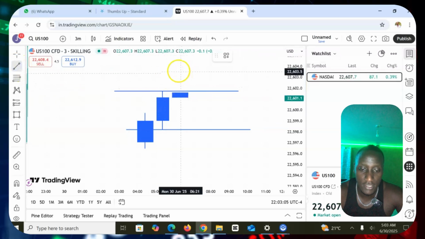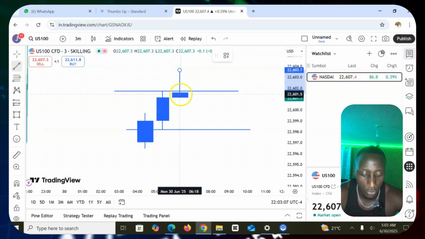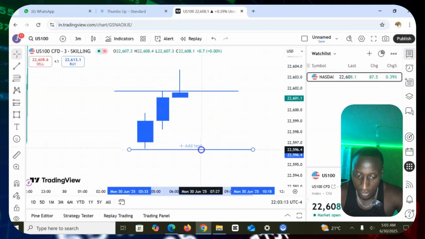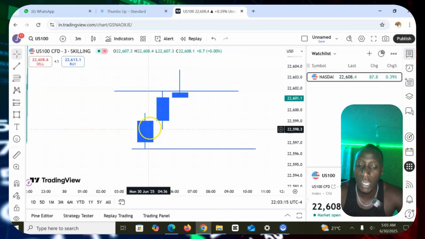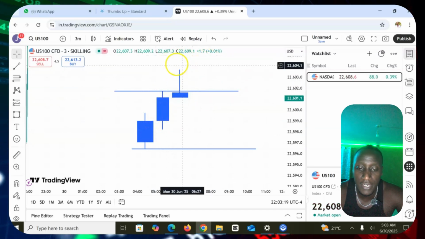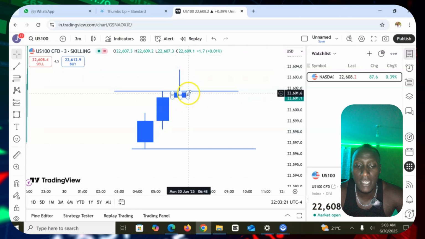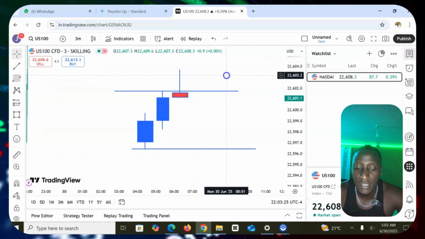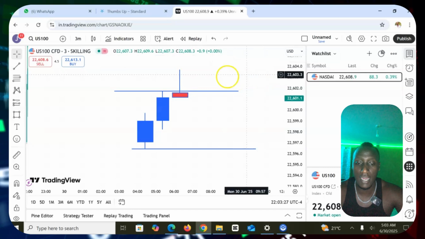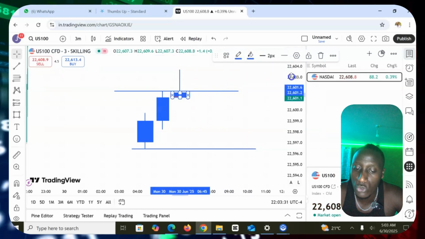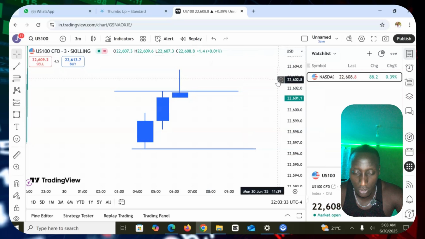So what it does is that it leaves a wick on top like that. So now we have 3 days. We have Monday, we have Tuesday, and then we have Wednesday giving us a failed breakout. And sometimes Wednesday can give you your first red day. And all this is just showing you that we are about to get a reversal.